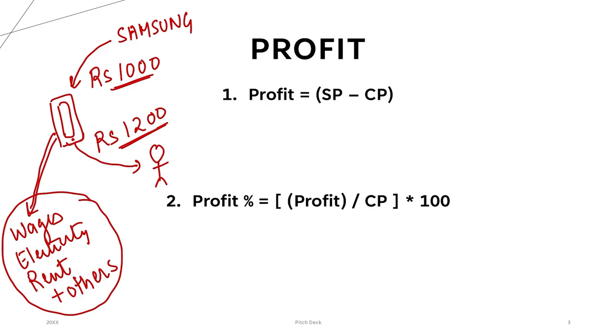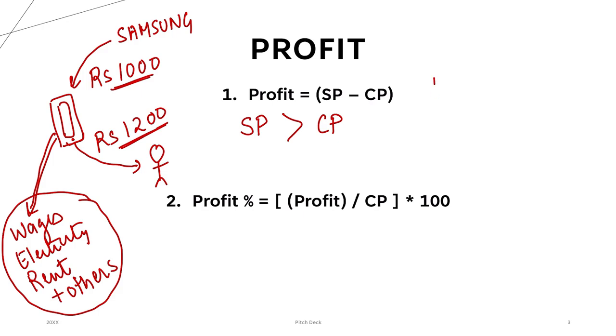Profit happens when you are selling it to the customer for a higher price than you bought it for, right? If I'm buying a pen from a factory for 10 rupees, I would want to sell that pen for at least 15 rupees so that those 5 rupees could cover my expenses, right?